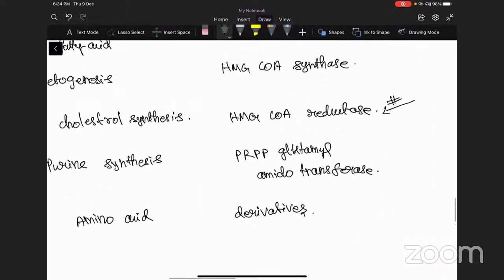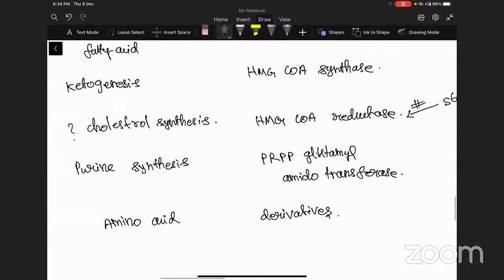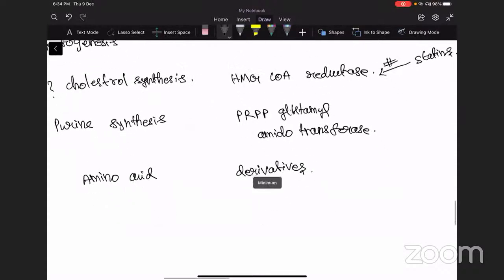Very good, Sampath Jojo. Statins inhibit. Correct, Ashley Simon and Sampath Jojo. The answer is statins. HMG-CoA reductase is the rate limiting step for cholesterol synthesis, whereas HMG-CoA synthase is the rate limiting step for ketogenesis.